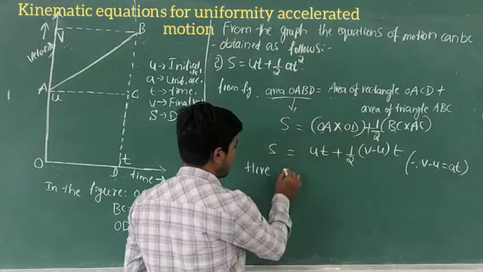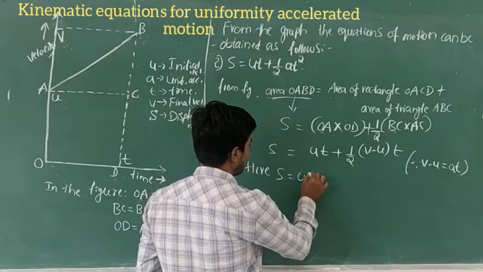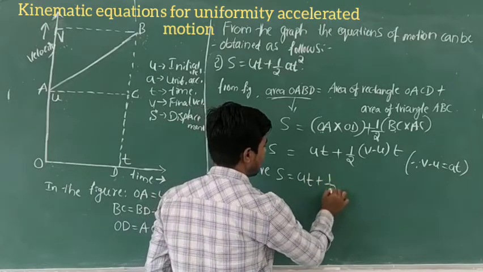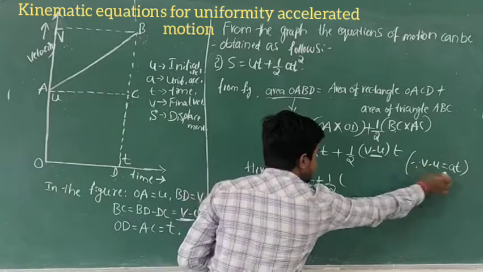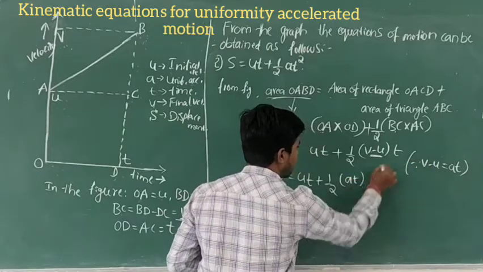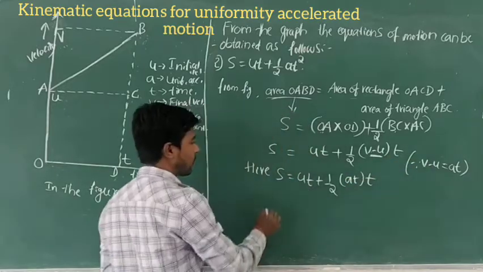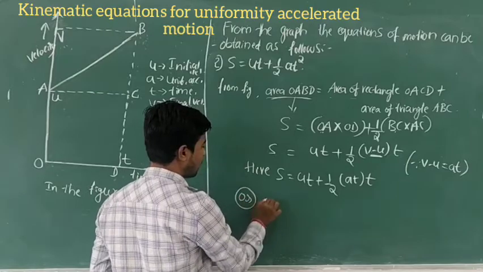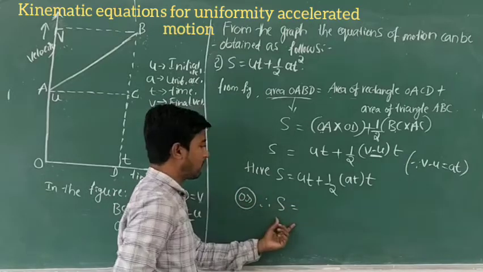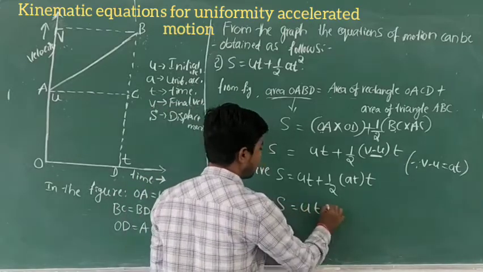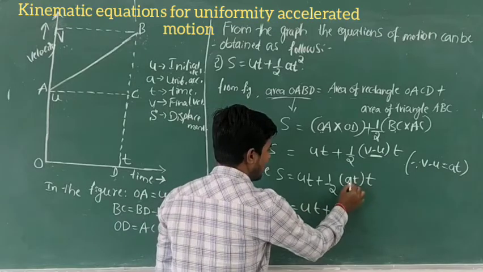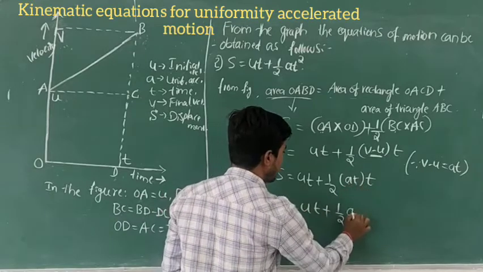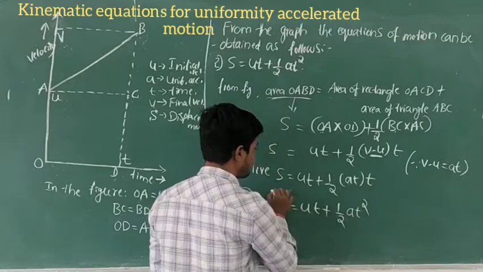That is S equal to UT plus half into V minus U, that is 80, into T, as it is said. Therefore S equals UT plus half AT square.